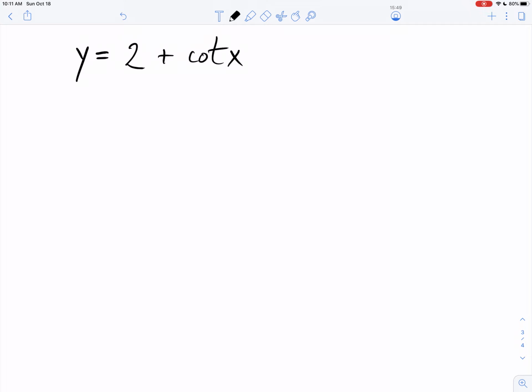Because I know you guys have played around now with quite a few of these graphing concepts, I'm just going to show you how cotangent looks, but I'm also going to incorporate moving this thing up 2 units right away. That's a vertical shift. But I am not going to stretch it. There's no stretching here. It's a 1.